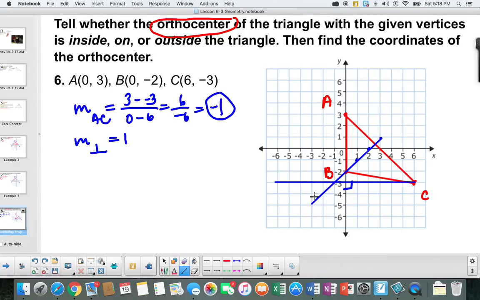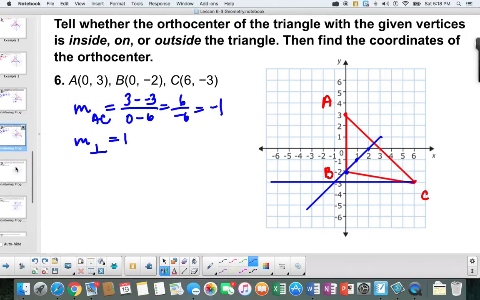And when I draw my line, the altitudes all meet right here at this point, and this is the point -1, -3, and that's going to be my orthocenter, and it happens to be outside of the triangle.